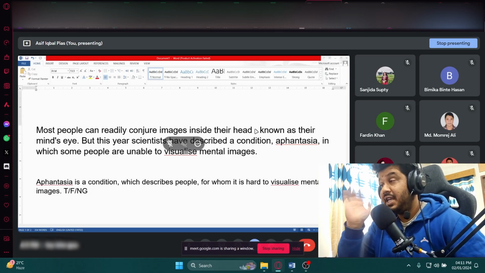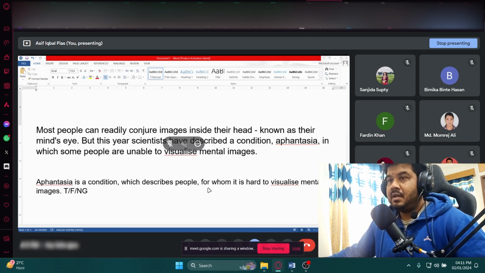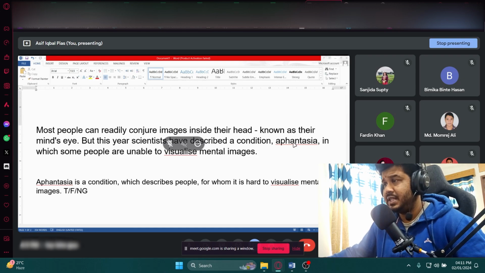They cannot visualize it, the picture does not come to their head. So that's what the scientists have named aphantasia. Now see, there is a question at the bottom. It says aphantasia is a condition which describes people for whom it is hard to visualize mental images.